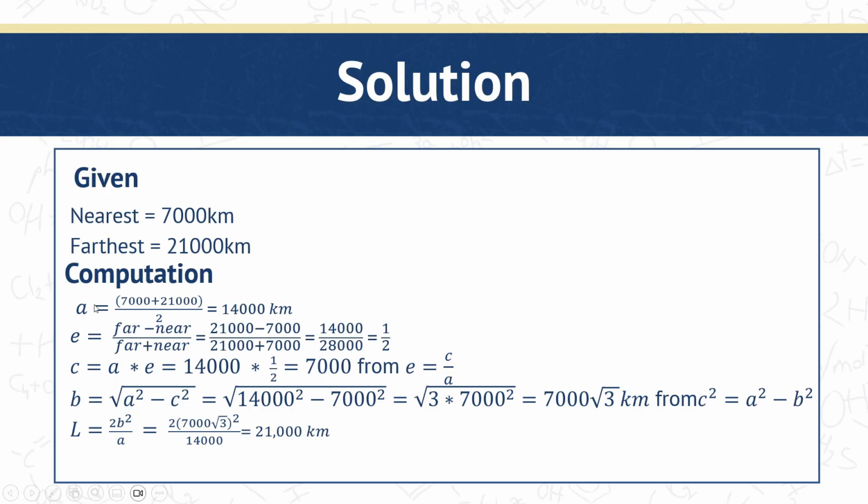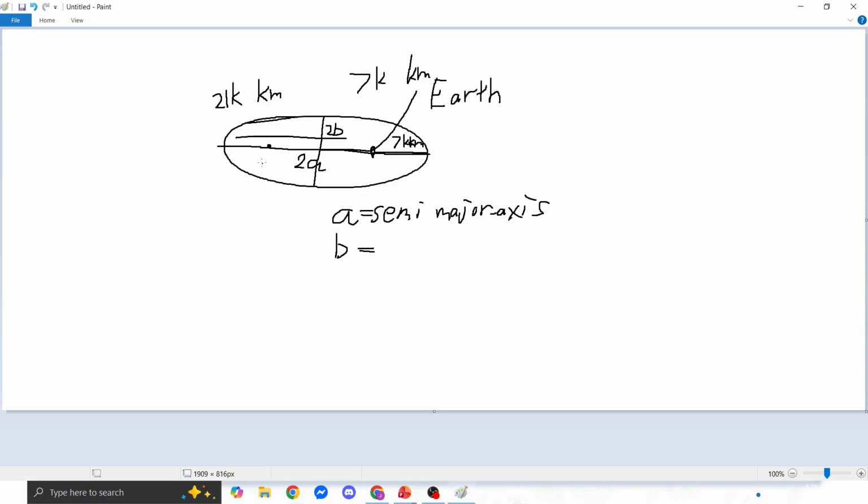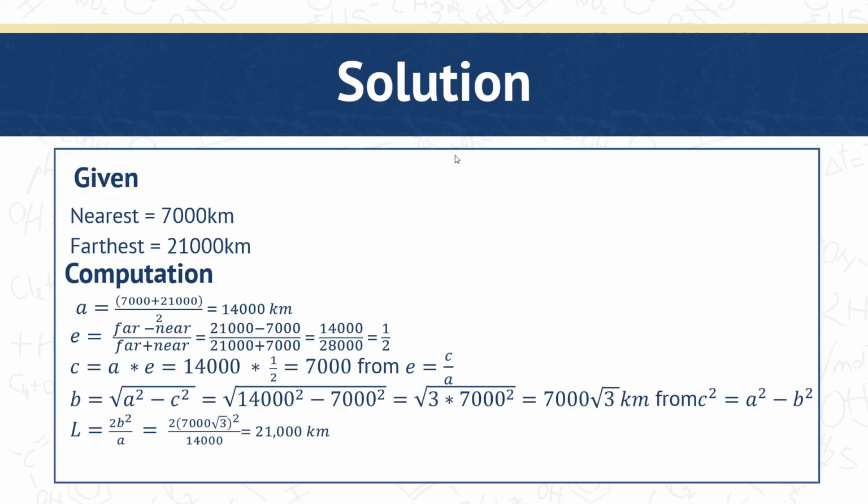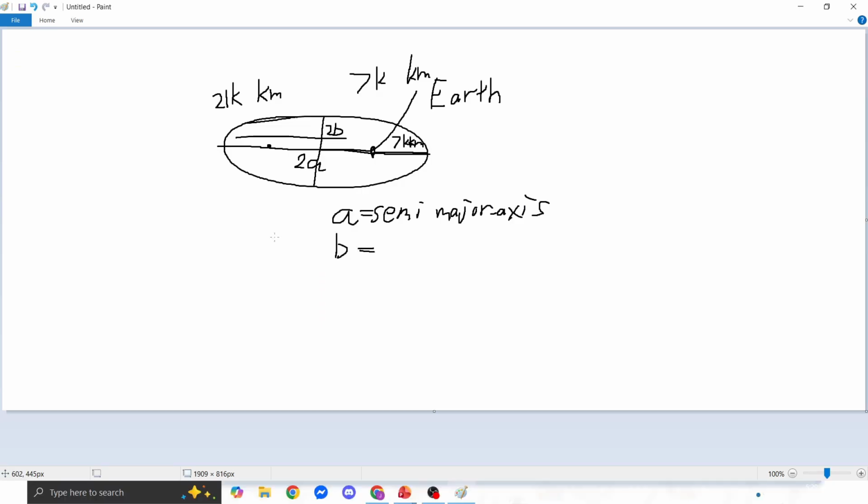So how I would compute it is first I'm going to solve for A. Here, I'm going to add 7,000 and 21,000, then divide by 2, because the entire length of this is equal to 2A. That would give me 14,000 kilometers for A. Now eccentricity, how did I get it as far minus near over far plus near? Because it just determines how fat it is.